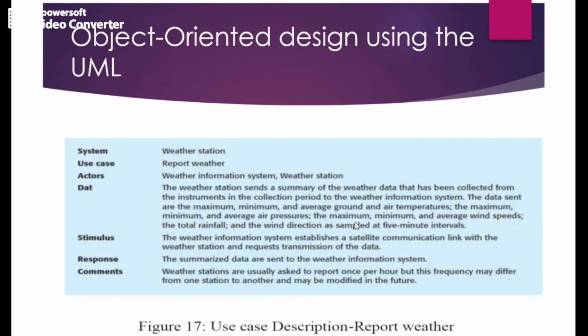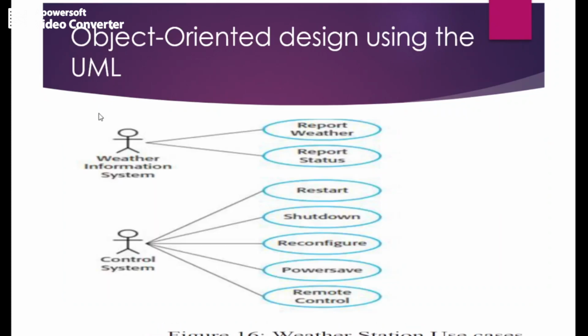So weather stations will actually collect the data from a various set of instruments, like we are using a barometer to calculate the pressure, wind, then rainfall, all those things. Then the weather station will send a summary of the weather data that it collected to the weather information system.